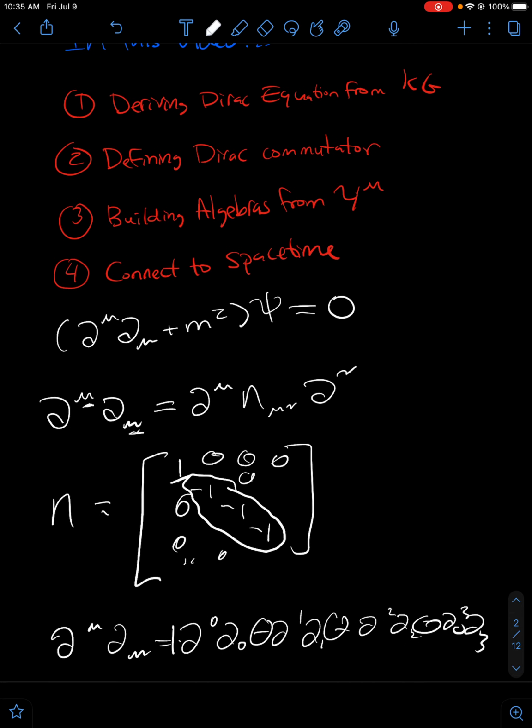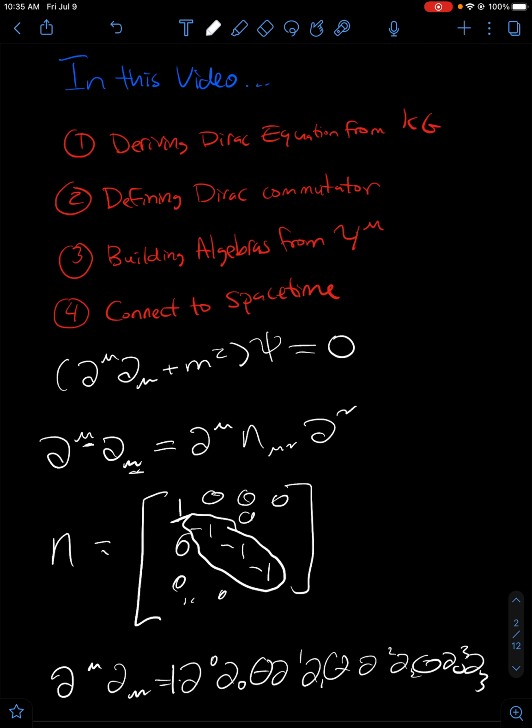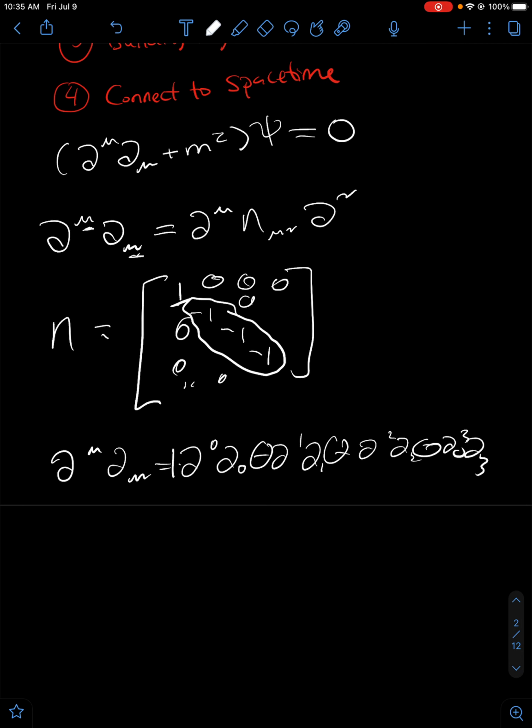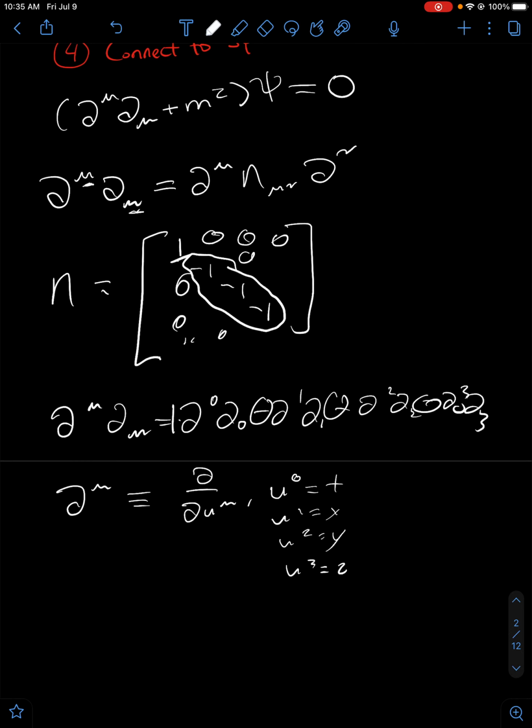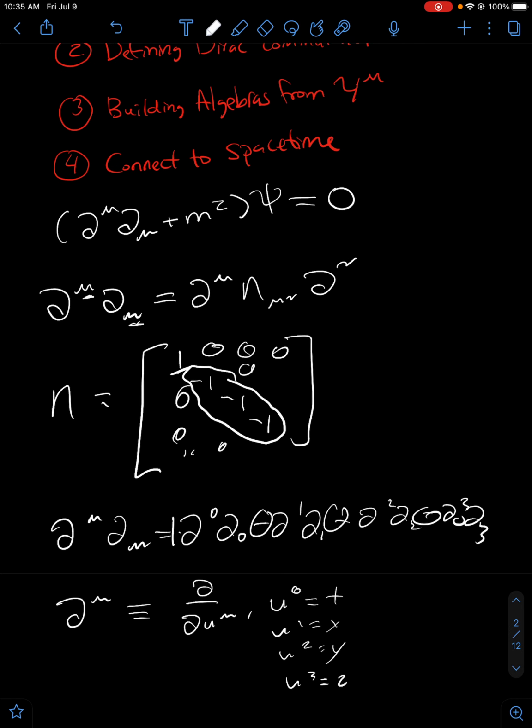So that's just the notation that we're using today. Also, partial mu is just defined as partial over partial u nu, where u naught equals t, u1 equals x, u2 equals y, and u3 equals z. Just a shorter way of writing it.